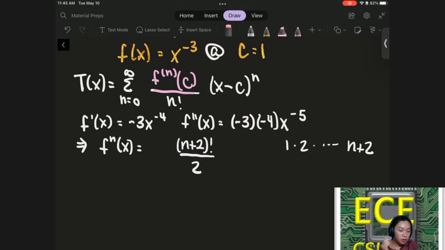All right. And then, that's good. We also have to deal with this negative. So in the first derivative, it's a negative 3. In the second derivative, the negative 4 multiplies with negative 3 to make a positive number. And so that means the negative sign switches.